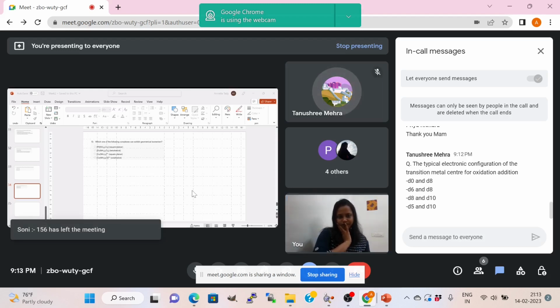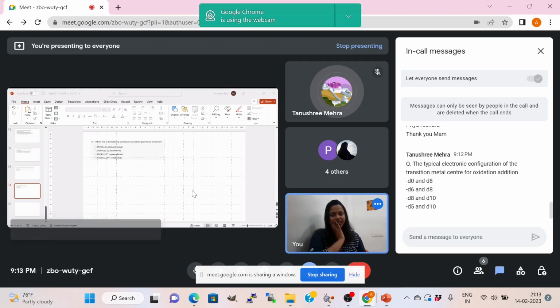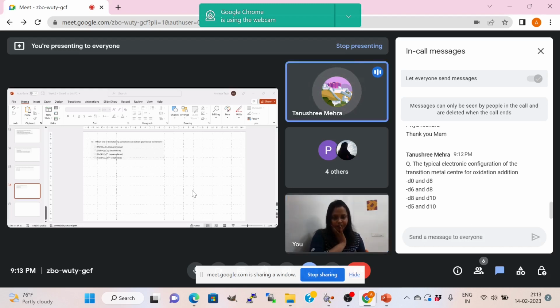I have to check this, but I can just give this indication. I'm not sure if D10 will be okay for oxidation, because D10 is already completely filled, and if oxidation has to happen, then I'll tell the answer also.